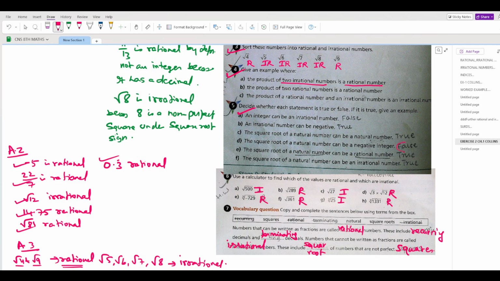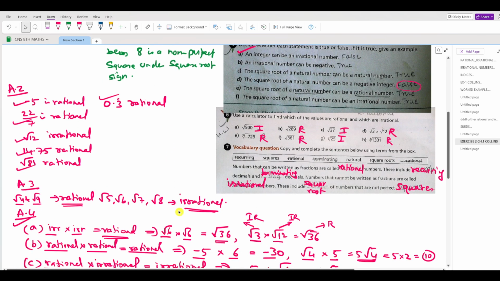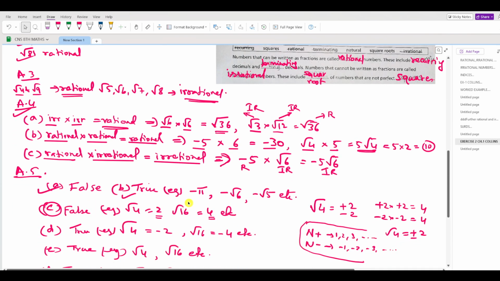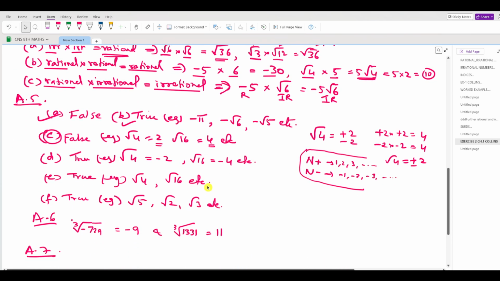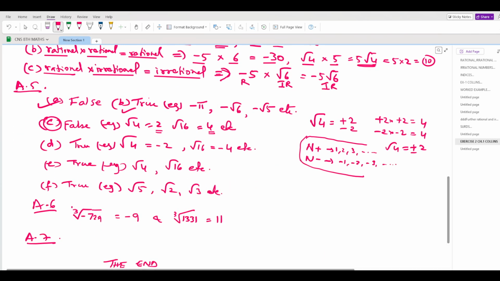I think this false is written because, as I told you, in some grades or in some schools, you have been taught only 1, 2, 3, 4 as natural numbers, not minus 1, minus 2, minus 3. Anyways, another thing, the square root of the number 4 is plus 2 as well as minus 2.